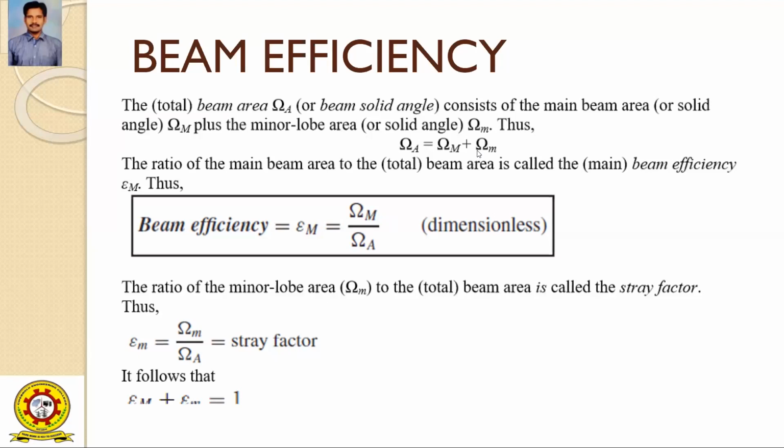The main concentration is the total summation of major and minor. For example, your beam area or beam solid angle equals Omega A, the symbol for beam area.